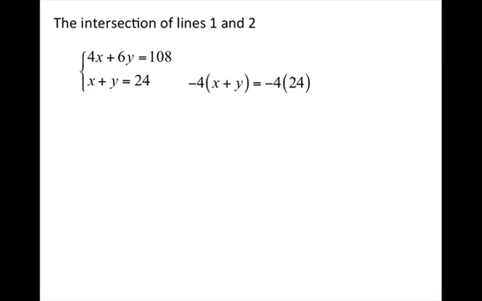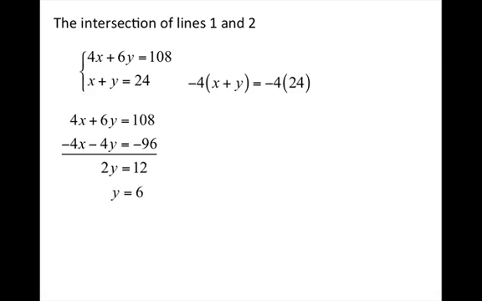So recopy your first equation, 4x plus 6y equals 108. -4 times the second equation gives me -4x minus 4y equals -96. So if I add these, the 4x and the -4x eliminate. 6y minus 4y gives me 2y, and 108 minus 96 gives me 12. If I divide each side by 2, I end up with y equals 6.